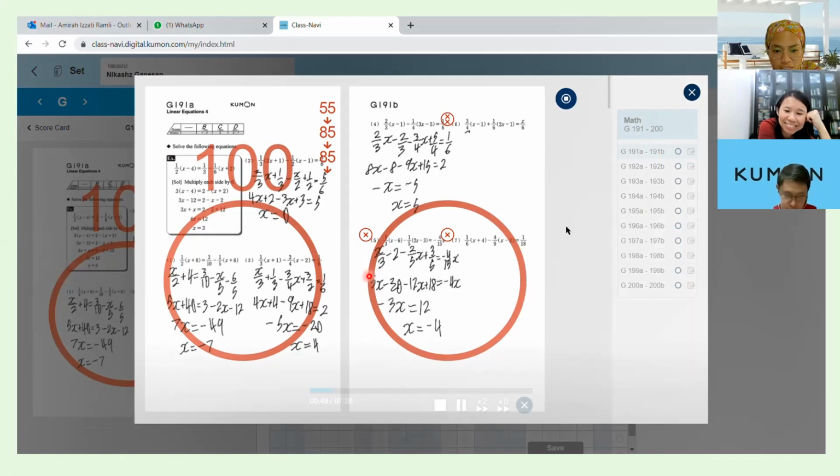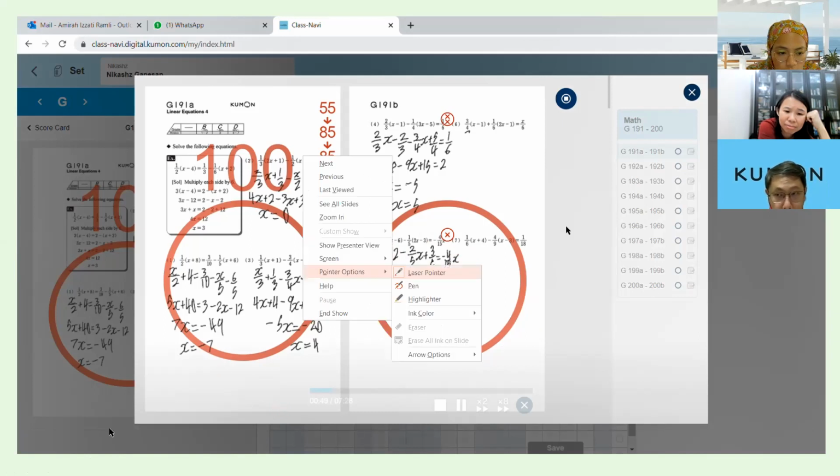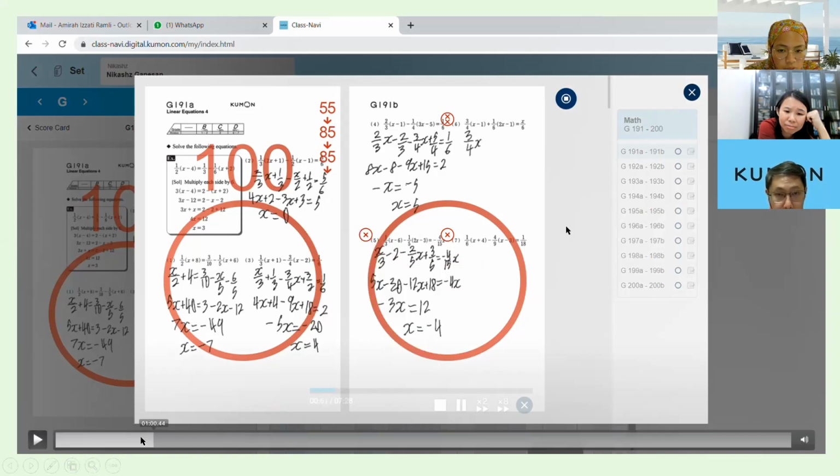So here he is actually expanding, which is this one. He can do it, but at this point, we are hoping students do not do it. Let us continue observing.